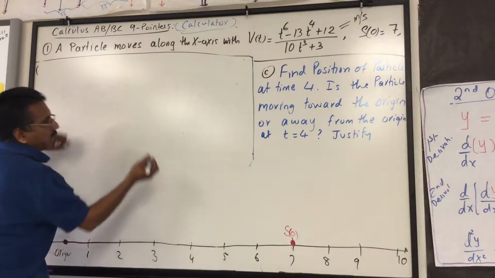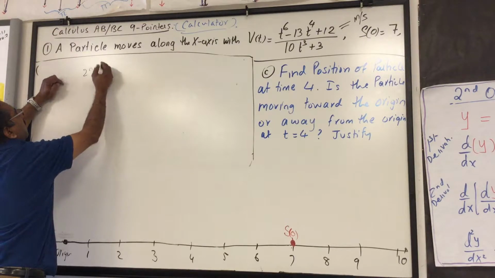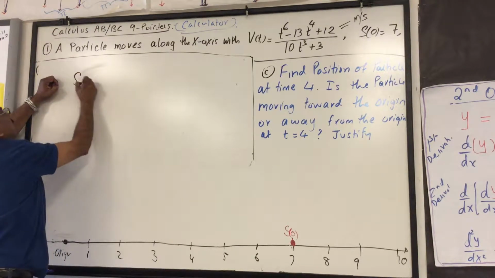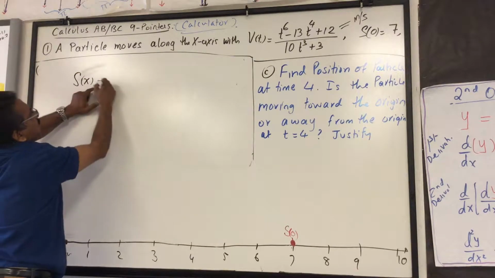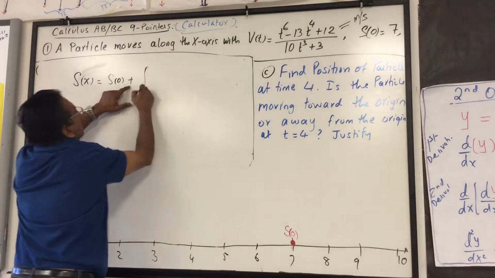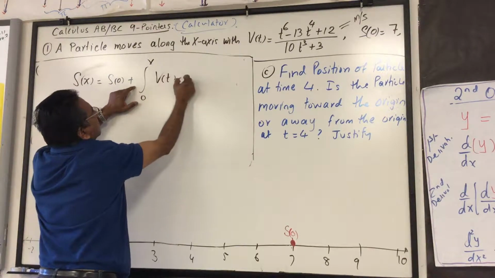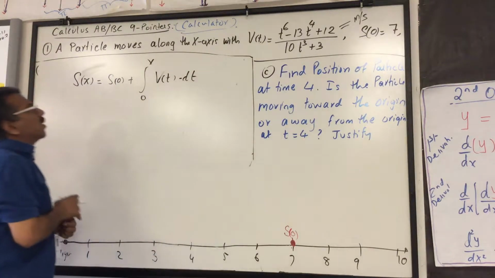What's the formula for that? By the second fundamental theorem of calculus, s of x at any time is equal to s of 0 in the beginning plus the integral from 0 to x of the velocity function. So this is what we are going to use.